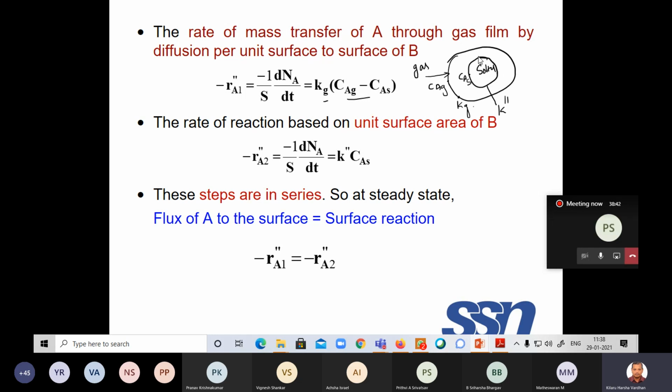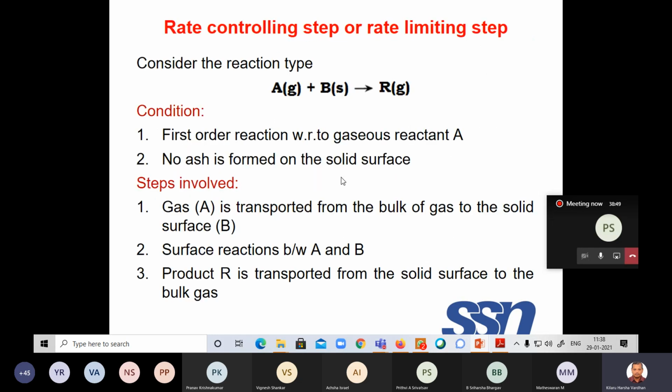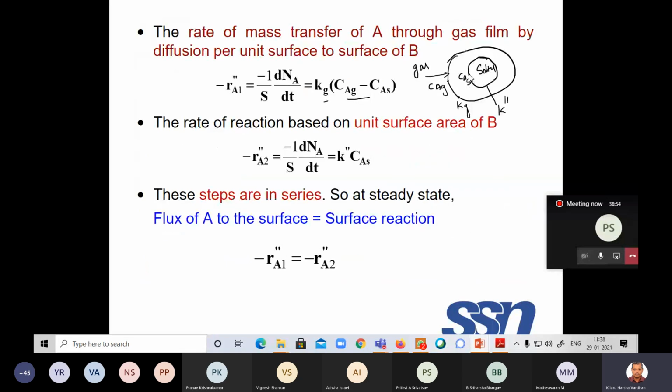There is only one concentration because you are assuming that the solid does not form any ash. That is your assumption here. No ash is formed. Therefore, the solid surface is at the same concentration CAS. Therefore, it is CAS.